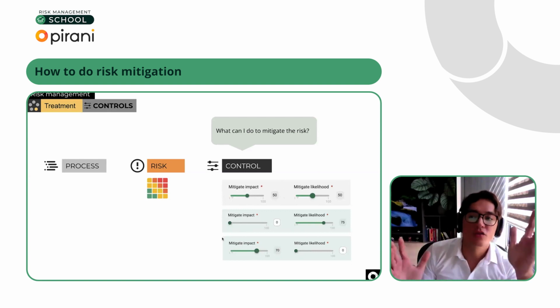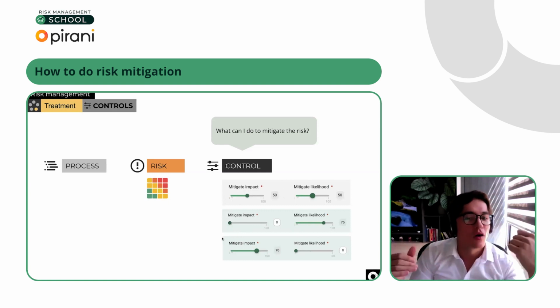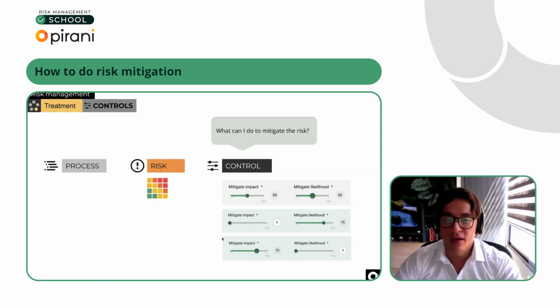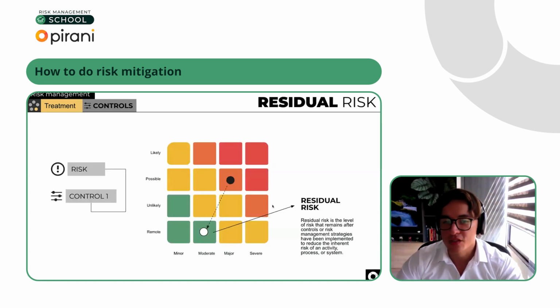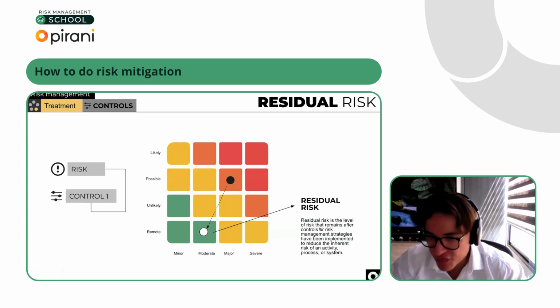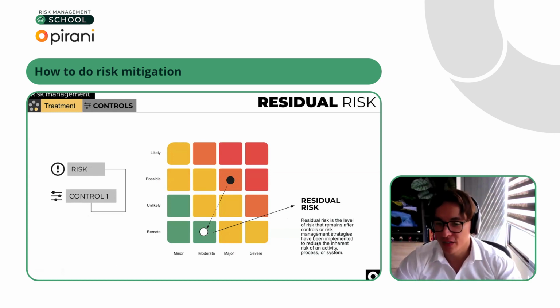So when I create controls that help me mitigate impact or likelihood and are preventive or detective, I'm going to have this residual risk. Maybe the initial rating of the risk will be orange or high. The residual risk is the level of the risk that remains after controls or risk management strategies have been implemented to reduce the inherent risks of an activity, process, or system.